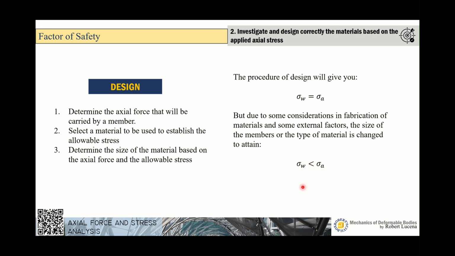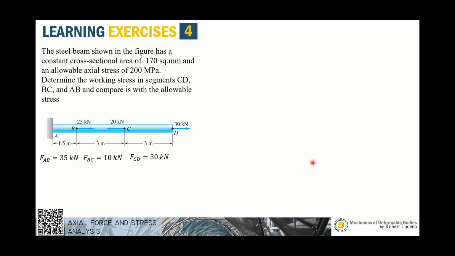So that is taking into consideration a factor of safety, which will be part of the next lectures. Just this time, we have to design a system such that the working stress will not be greater than the allowable stress. So let's have the sample from the previous problem.